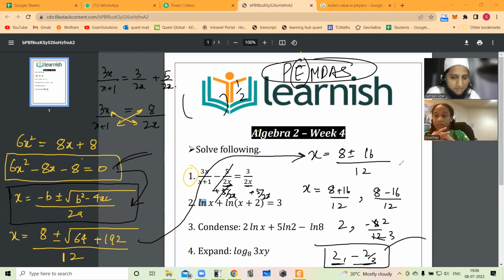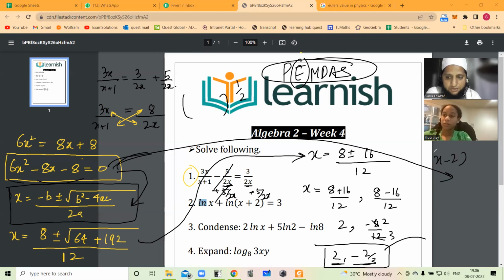You can write 6x squared minus 8x minus 8 directly as 6 times x minus 2 times x plus 2 over 3. So you have factored it out. See what I did? I know that x is 2. So when I subtract 2 from both sides, I get x minus 2 as one factor.